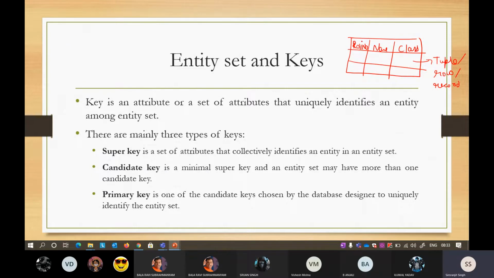Let me remind you of the terminology, as I think it was covered in the previous lecture.